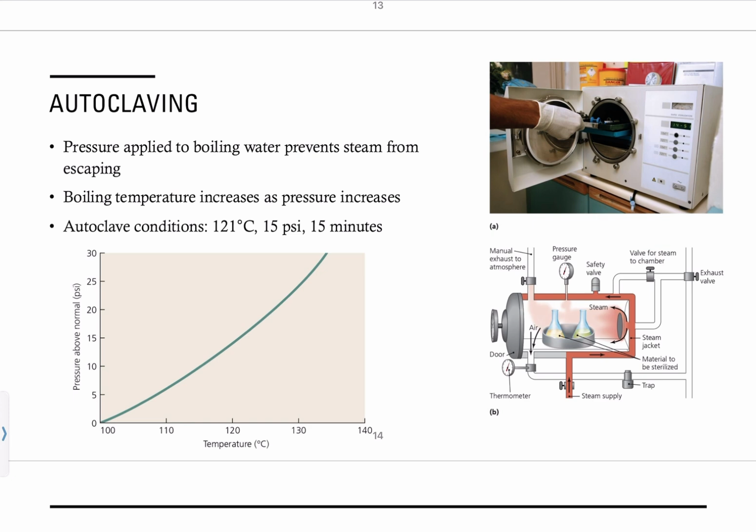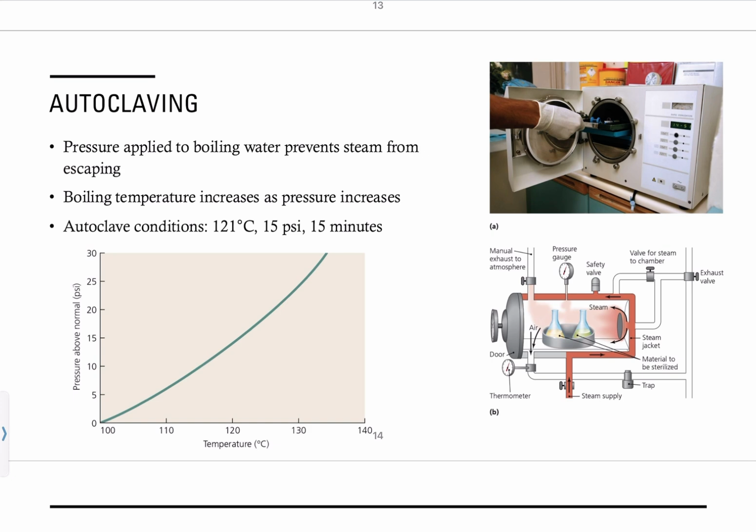Okay, autoclaving. So in order to achieve sterilization, we have to use autoclaves. And autoclaves combine both steam, so wet heat, and pressure. So what they do is they usually apply about 15 psi of pressure, and then the boiling point of water rises to 121 degrees Celsius, which is hot enough to kill almost all microbes, including endospores, in about 15 minutes.